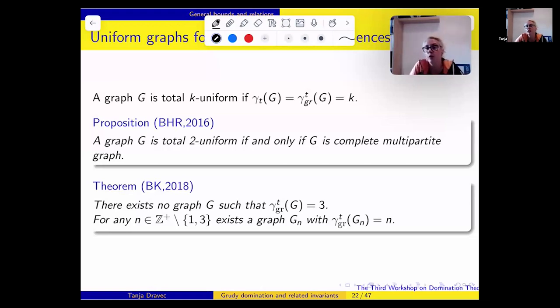So the new graph will again be total K-uniform. In the seminal paper about the Grundy total domination number, total 2-uniform graphs were characterized as complete multipartite graphs. Then Brešar, Kos, Mazzini, and Torres proved that there are no graphs with Grundy total domination number equal to 3. Of course, this implies that there are no total 3-uniform graphs.